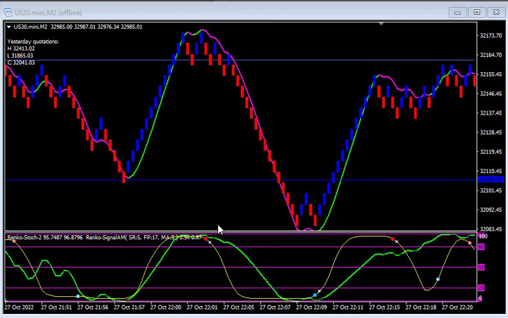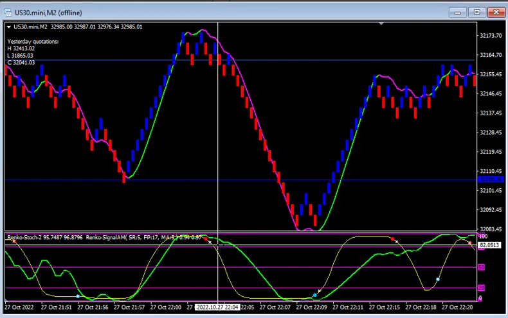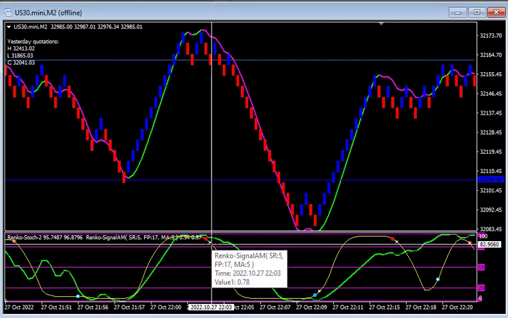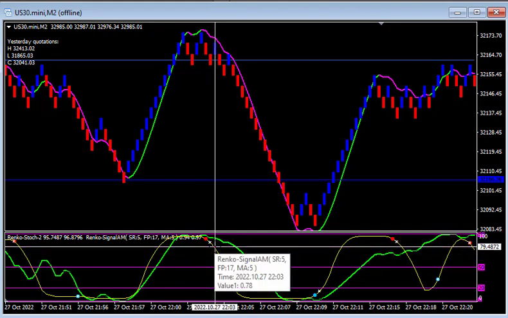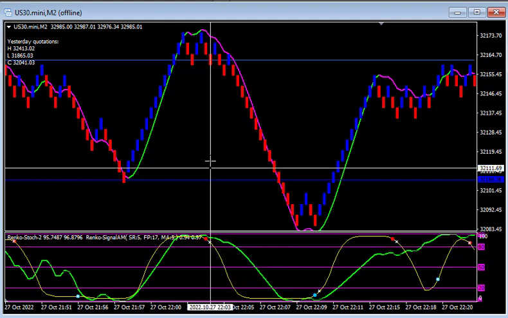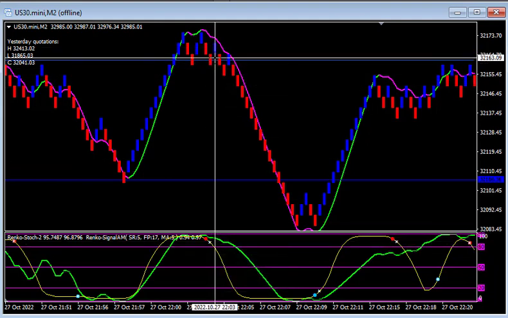Okay, we're back looking at the US30 chart, and I want you to take a look up here at the top of the Renko box, which is the top of the chart right here. If you look down, you'll notice that you got the first crossing line, which would have been about the signal AM, which happened right about in here somewhere.